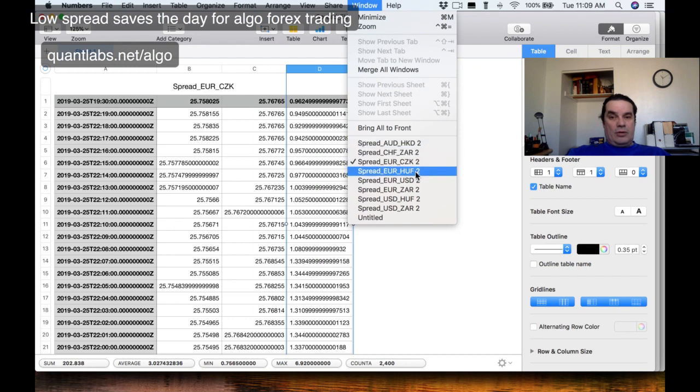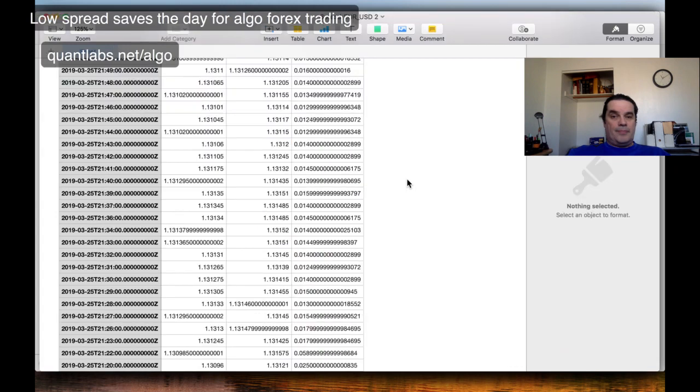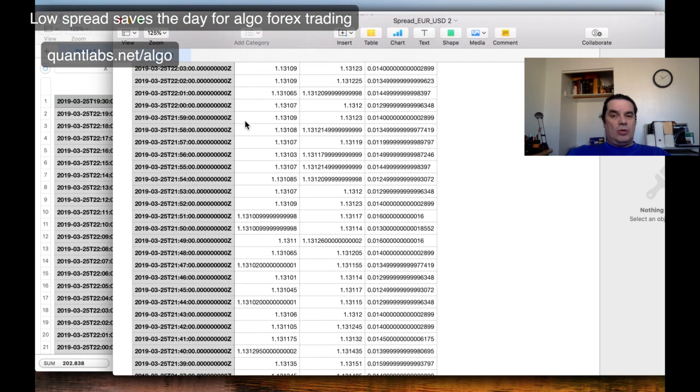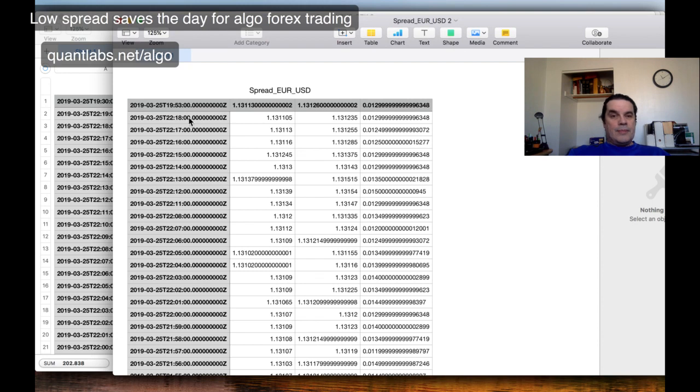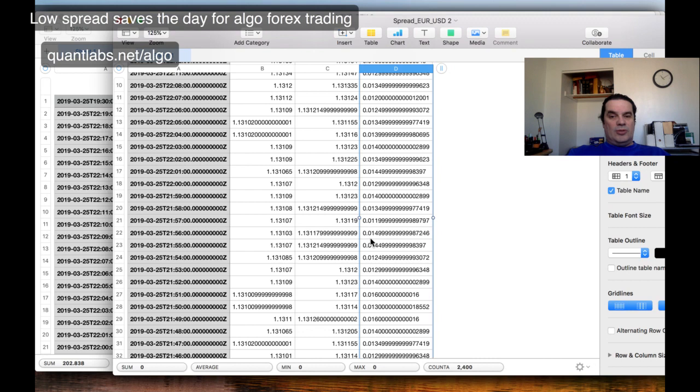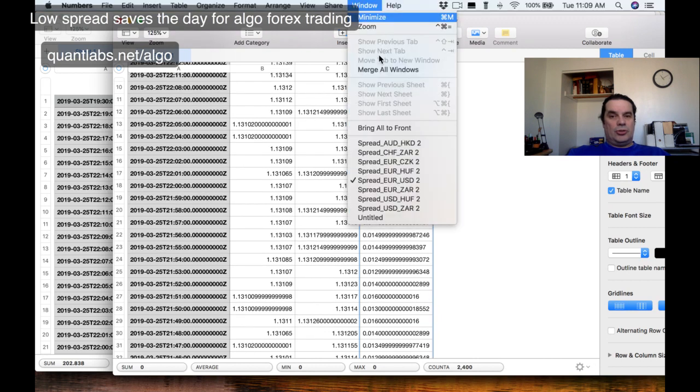Right here, added in here is a new column. Timestamp, bid, ask, and this right here, column D, is the spread cost between the two of these. You can see how tight it is, 0.01.